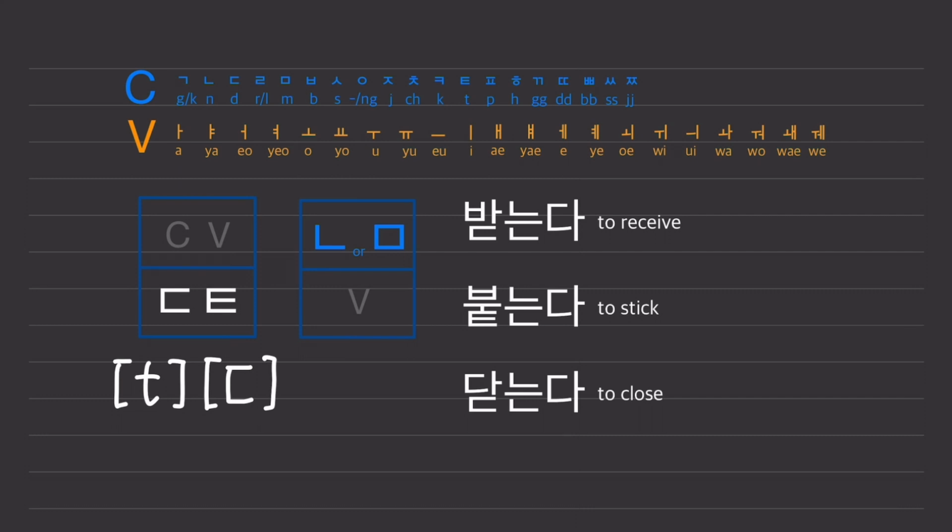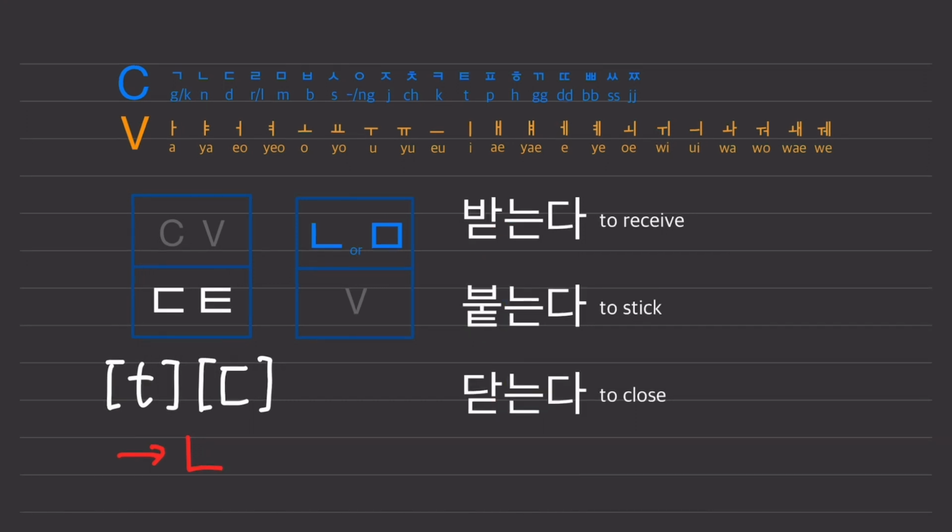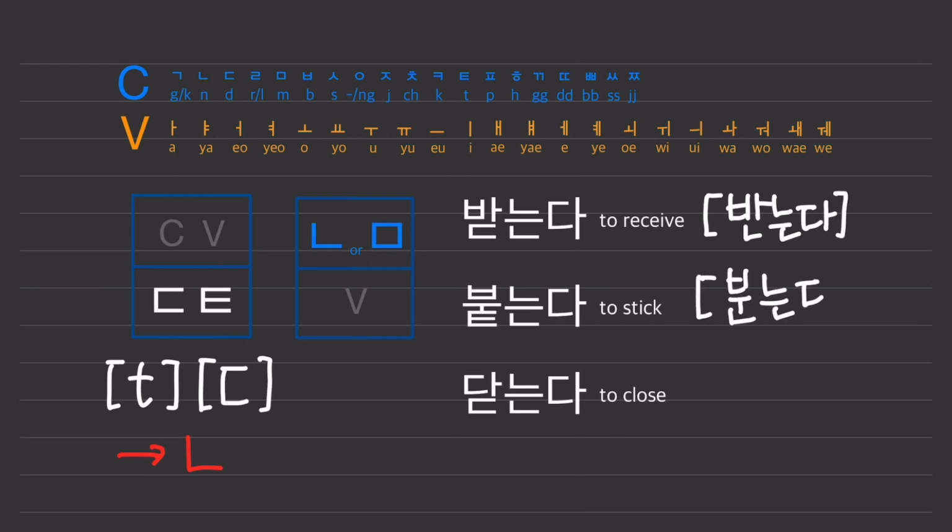First letters of these are pat, put, tat. When it's followed by n sound, we don't read it as 받는다, 붙는다, 닫는다, because these 받침 sounds become n sound. So we read them as 받는다, 붙는다, 닫는다.